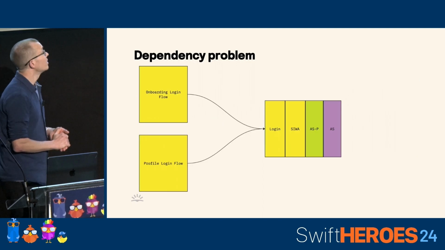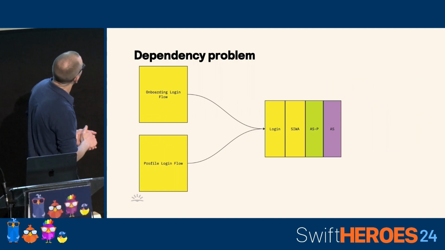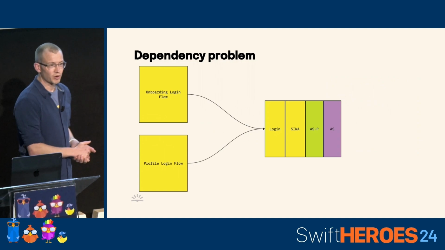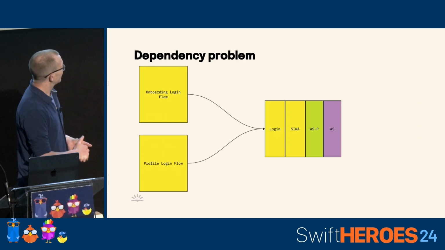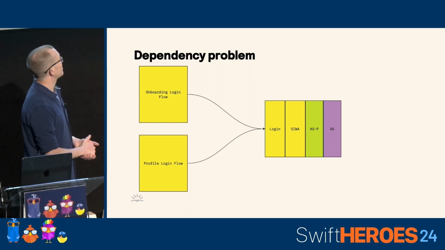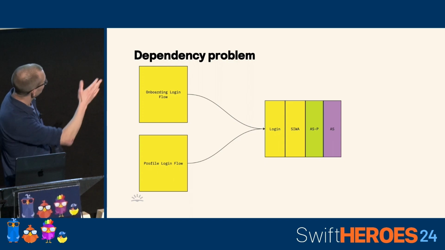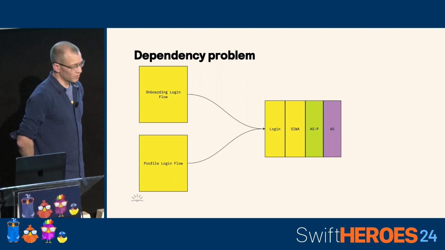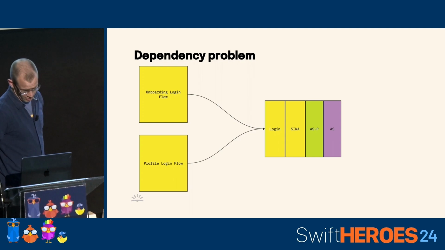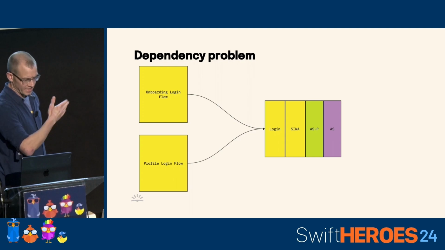Okay, but your login functionality becomes pretty popular, right? People start to want login all over the place in your app, and you think, okay, I'm going to package all this stuff up. So on the right for you, you see a set of login code, an interface, sign in with Apple.